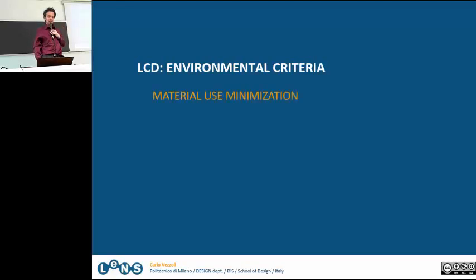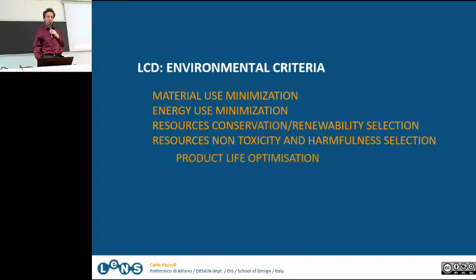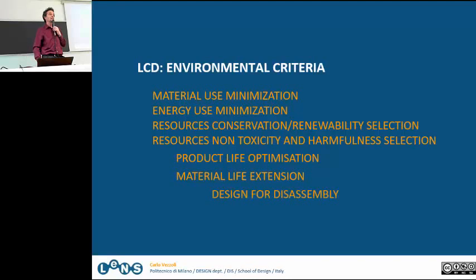To design for material use minimization, to design for energy use minimization, to design for resource conservation and renewability selection, for resource non-toxicity and harmfulness selection, for product life optimization, which means to design for extending the life of the product or using it in a more intensive way, material life extension, design for recycling, energy recovery and composting, and design for disassembly.